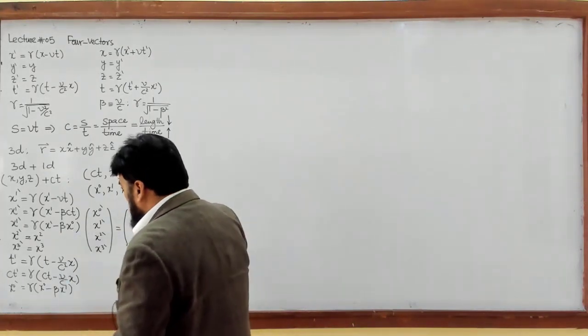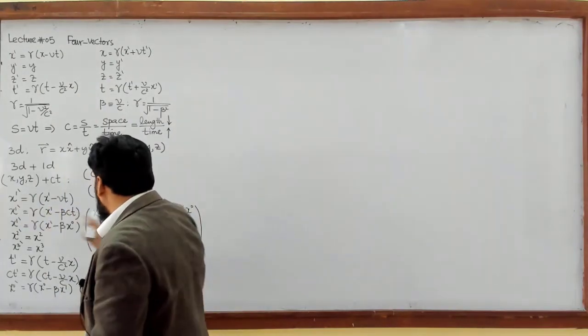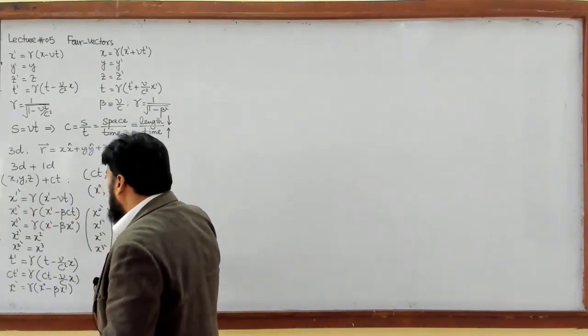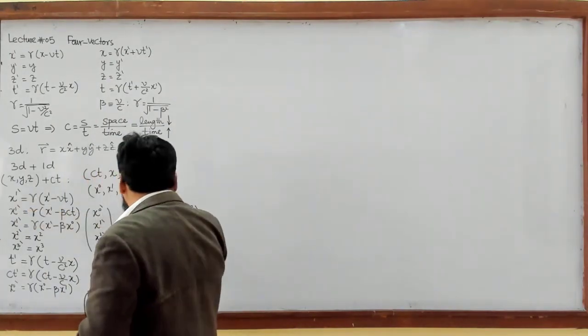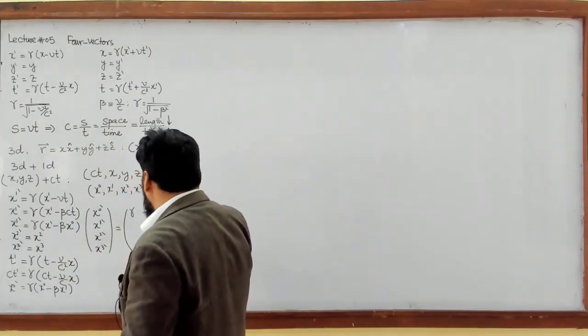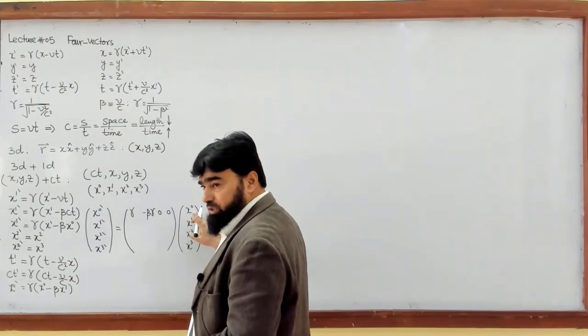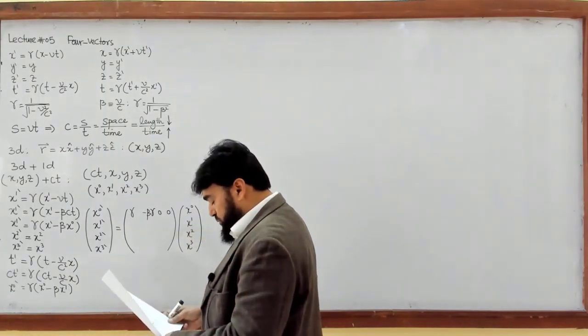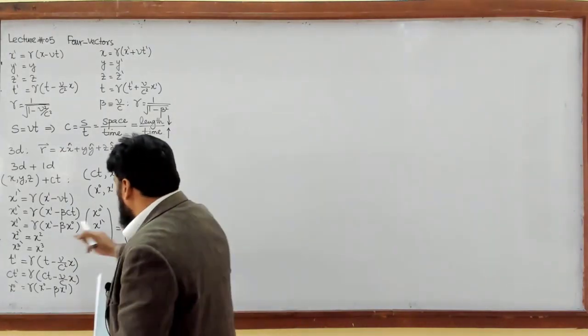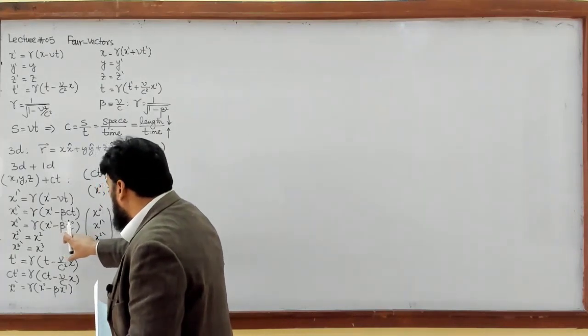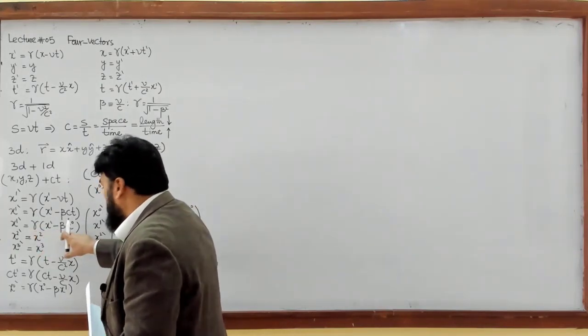Similarly, the rest of the terms will be for x1. Now it will be gamma times x1. So it means the first term is multiplying with this. So I will have to write this one, with x0 I am having gamma times beta.